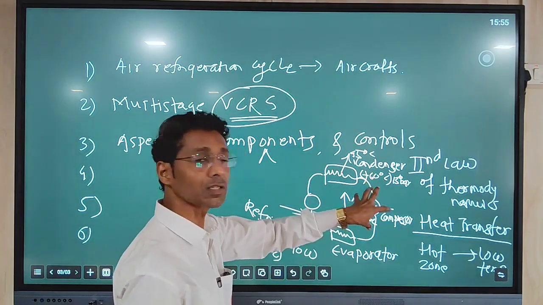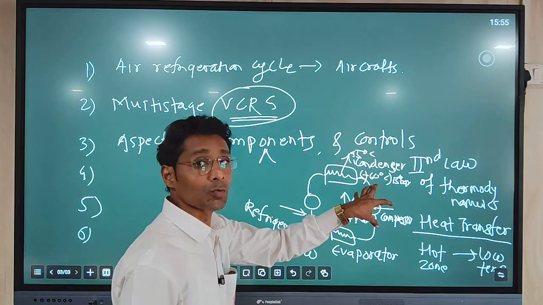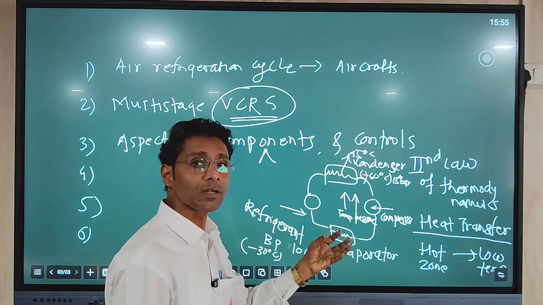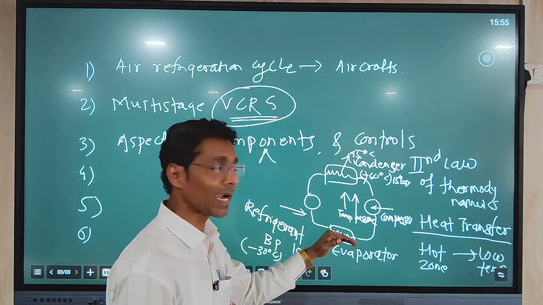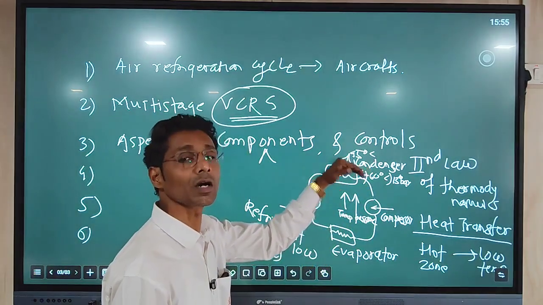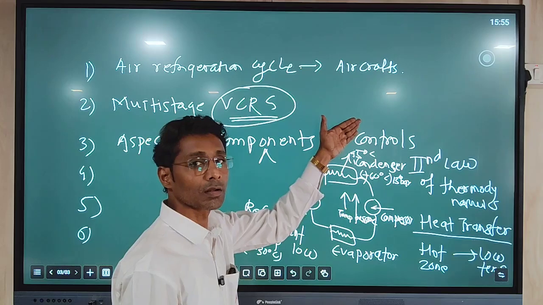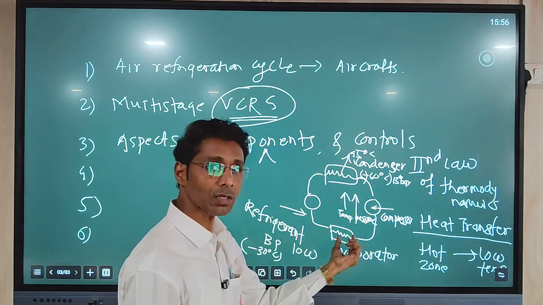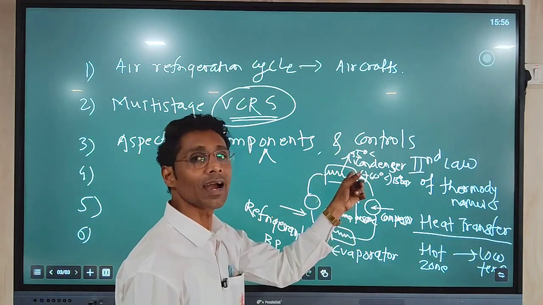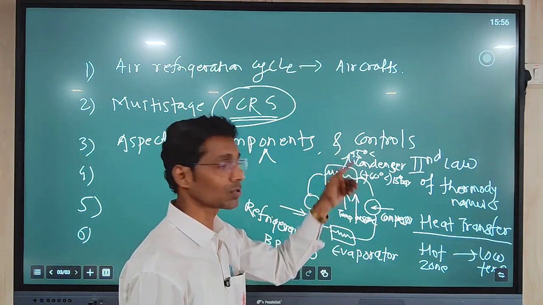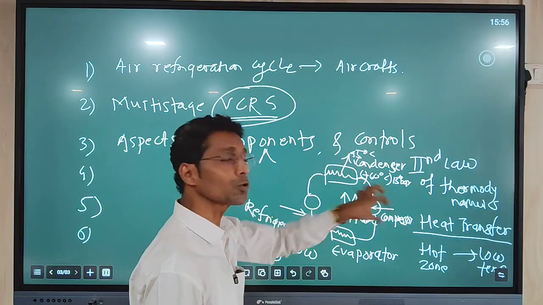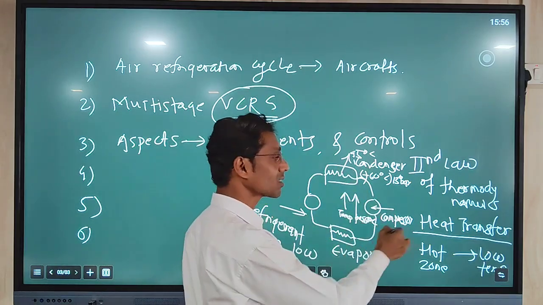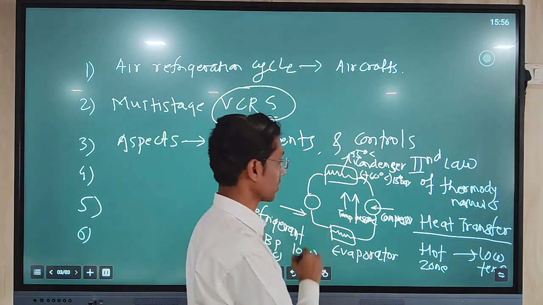This compressor is working like a water pump. What does a water pump do? It lifts the water from a low altitude and releases it to a high altitude. In the same way, the compressor picks up heat at a low temperature and rejects heat at a high temperature. So that is the main input device. It consumes electrical energy. That is why the compressor is called the heart of the system.